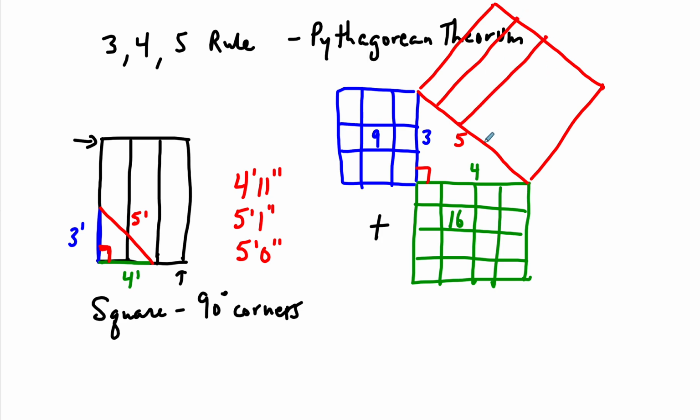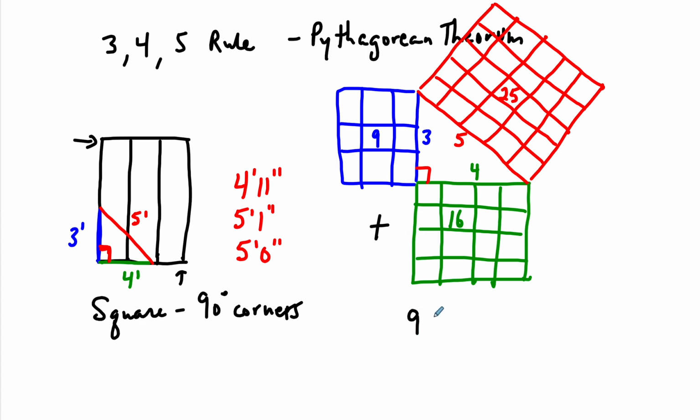So we know 5 times 5, or 5 squared, is 25, but I'll actually visually show it for you as well. So here's a 5 by 5 square, and we can see that it has 25 squares, or an area of 25. So Pythagoras said that if we add the squares of the first 2 sides together, they should equal the square of the third side. And sure enough, we can see that is true.